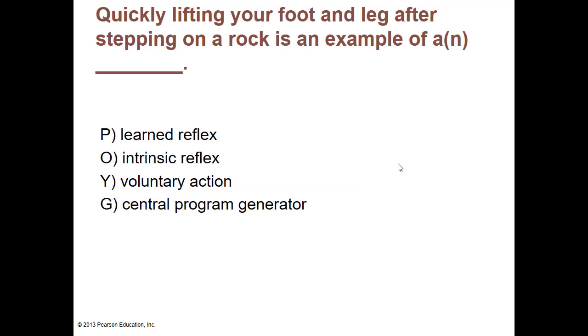Quickly lifting your foot and leg after stepping on a rock is an example of what? Everyone's like, there was one specific one. You're right, there is one specific. It's called an intrinsic reflex.